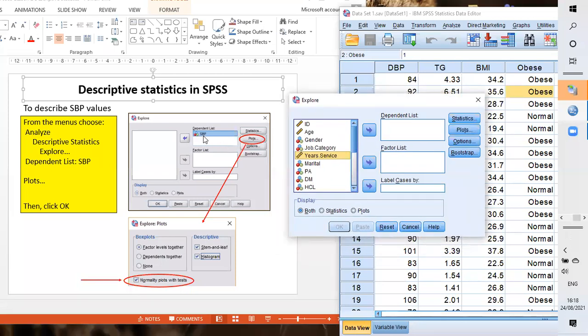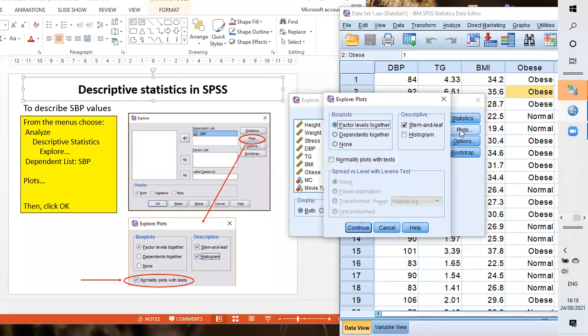Then what do you do? What's inside here? SBP, because we describe SBP, systolic blood pressure. Click it inside. Next, what do you do? Plots. Click the plots, and check what boxes now. What is not checked here?